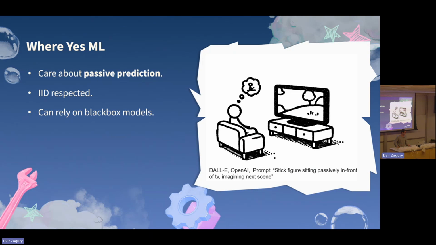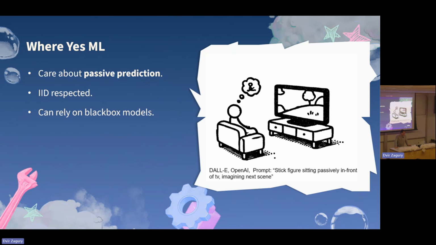There's an assumption in statistics called IID. That's the sort of stuff we're working with. It basically means that what we're training on, or what we're seeing while we're trying to learn the trends, is the same thing that we'll handle after, when we're trying to actually predict. And also when you can rely on black box models.